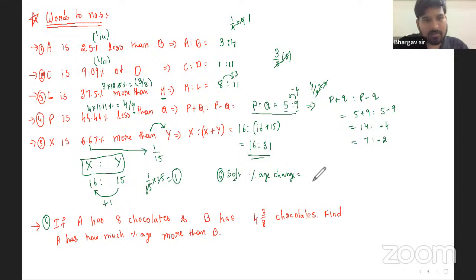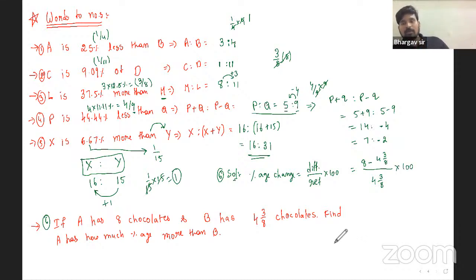Percentage change is given by difference upon reference into 100, right? इन दोनों में 8 बड़ा है, so difference वहां लेते हैं हम. 8 minus 4 3/8 upon, reference क्या होगा? 4 3/8 नीचे into 100.